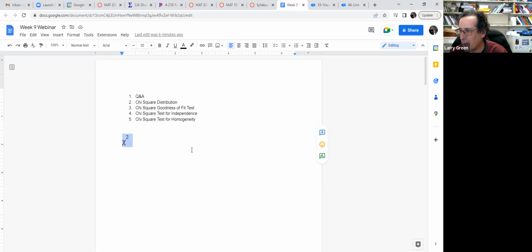And the squared has something to do with the math that's happening. It turns out that with the chi-squared distribution, you don't get any negative numbers. And when you square a number, you don't get negative numbers. So it has to do with that square. Again, you don't have to know the math, but I figured maybe I should explain a little bit on why they call it chi-squared.